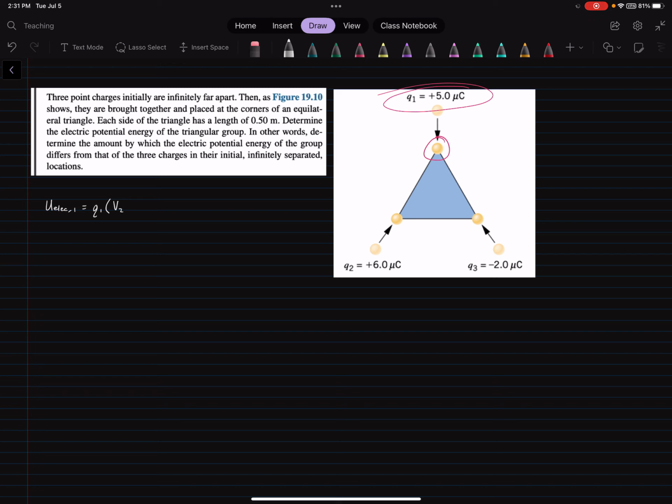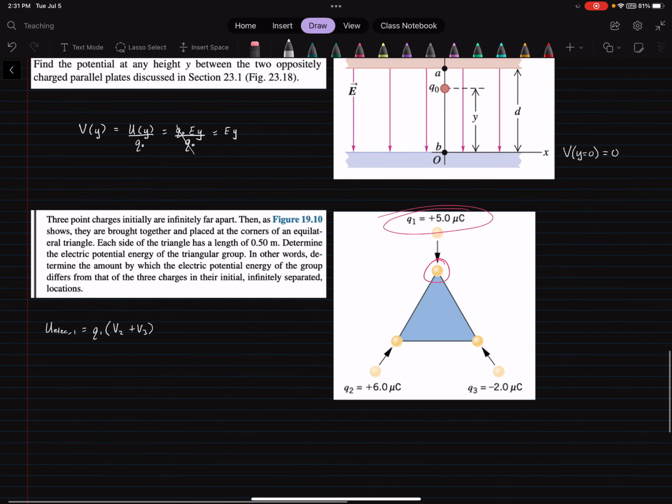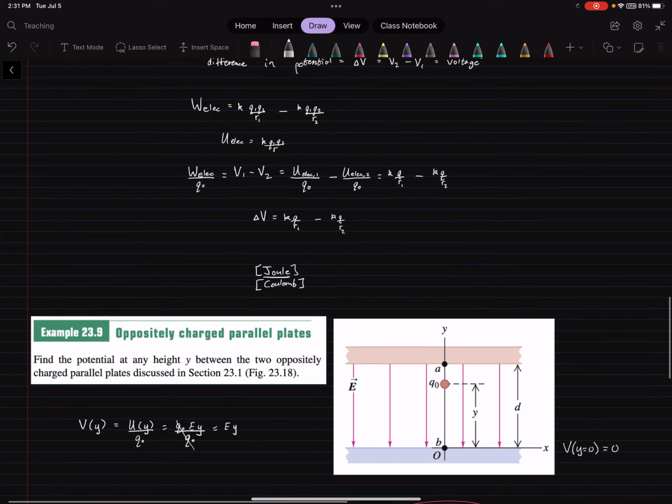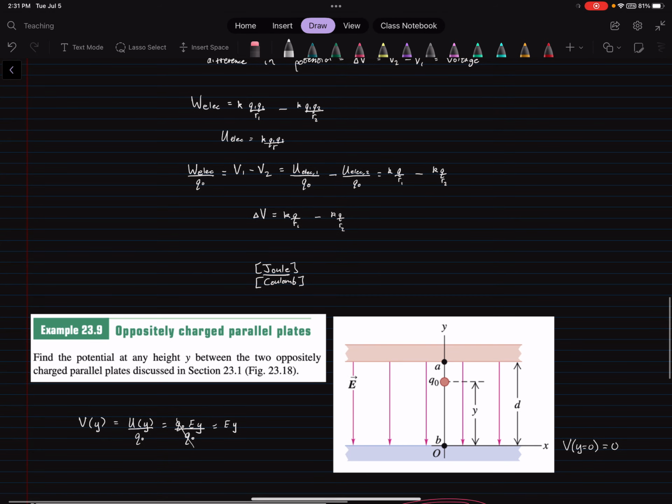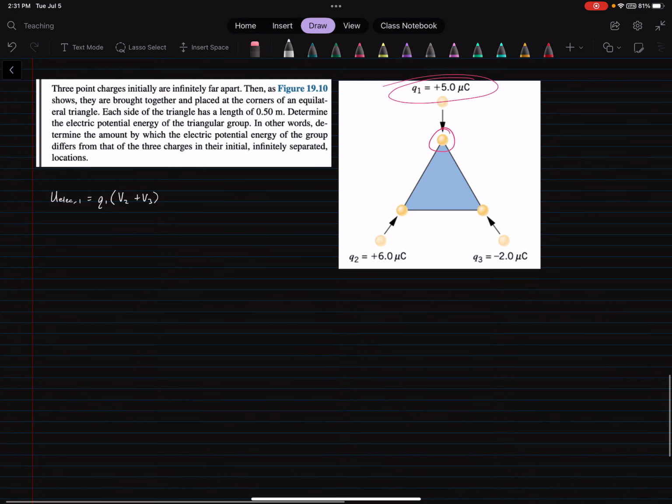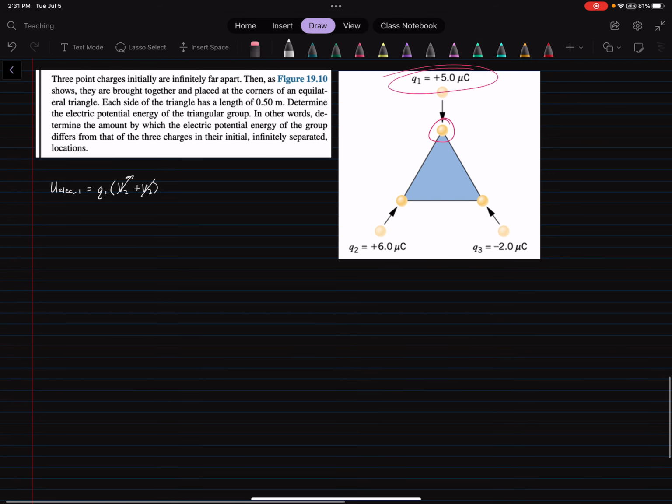So the potential of 2 plus the potential of 3, but they're infinitely far apart. So this potential being KQ over R there, if R is infinity in the denominator, then the potential is 0. And so these are both 0. And so the electric potential energy of charge 1 sitting in its new spot at the top of the triangle is still 0 joules.